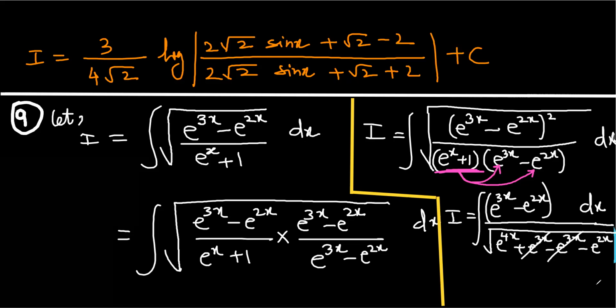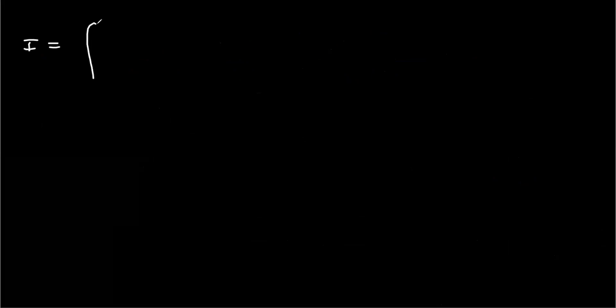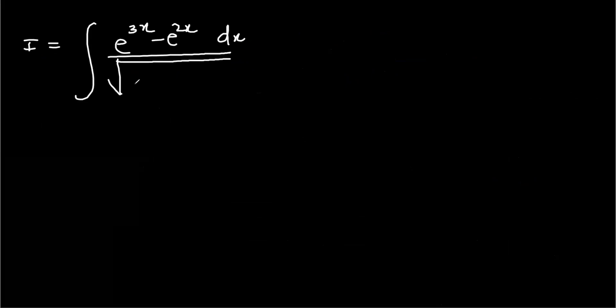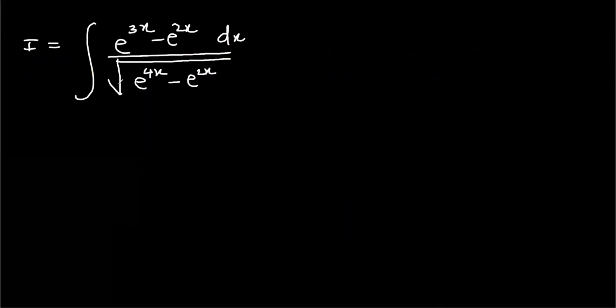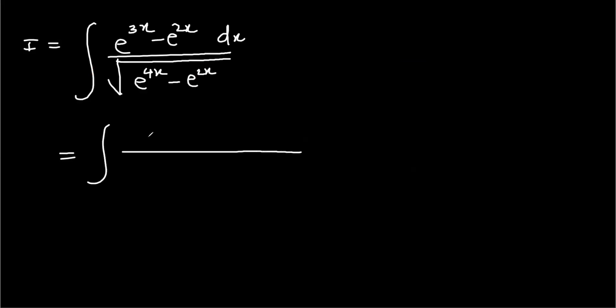So next step, I equals the integral of (e raised to 3x minus e raised to 2x) dx, and inside the square root you get e raised to 4x minus e raised to 2x. Next step, I take e raised to 2x common. In the numerator, I get e raised to x minus 1 dx.